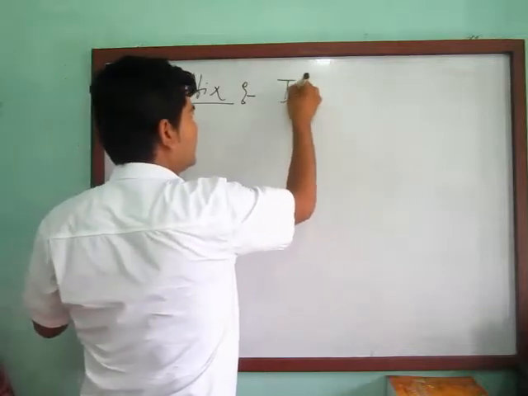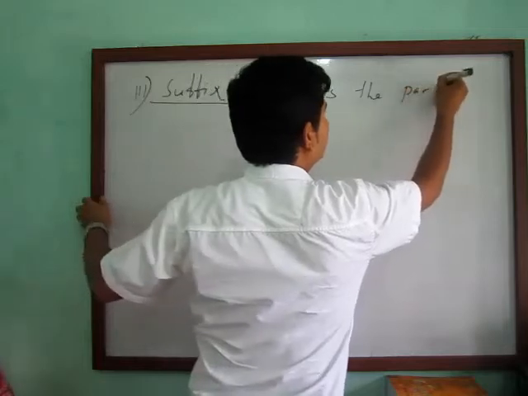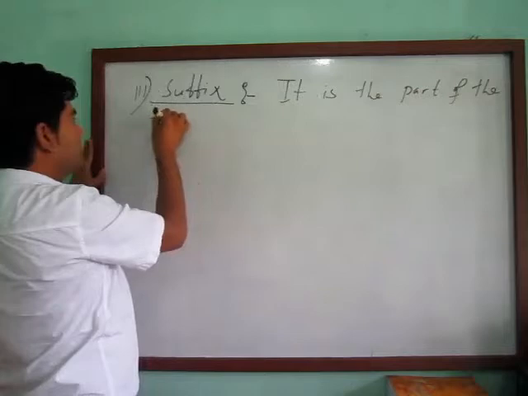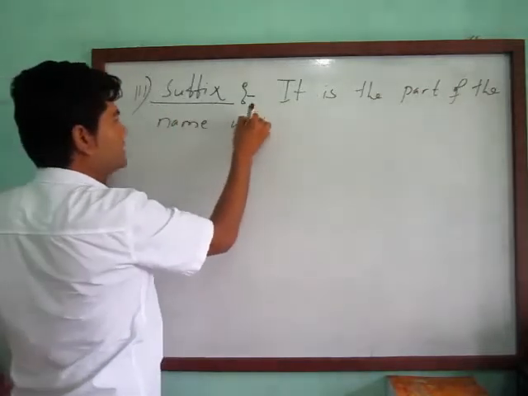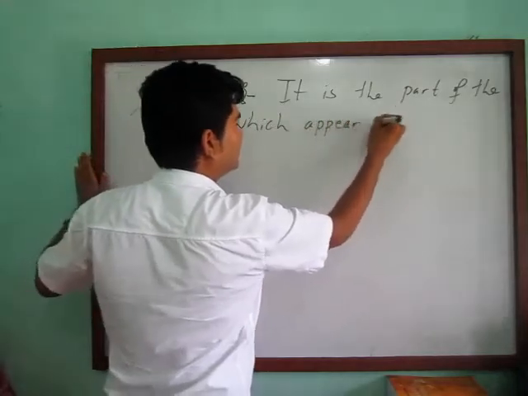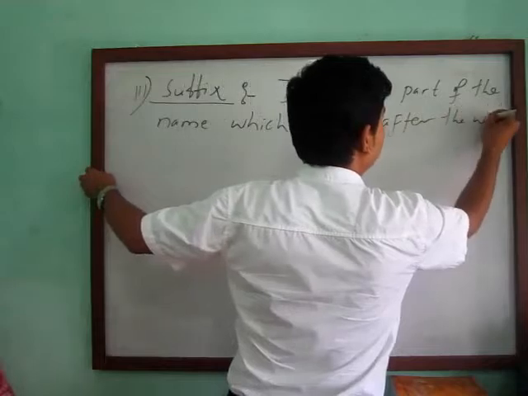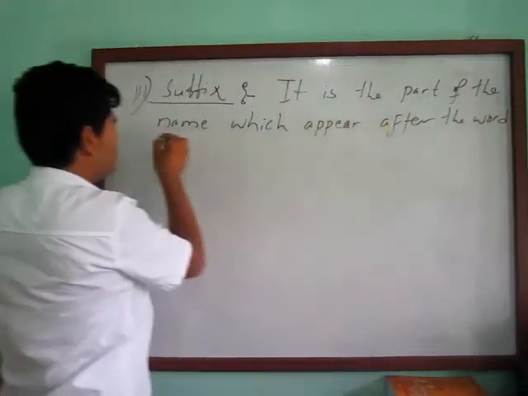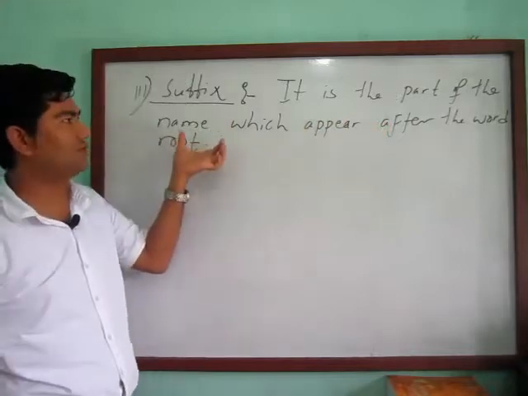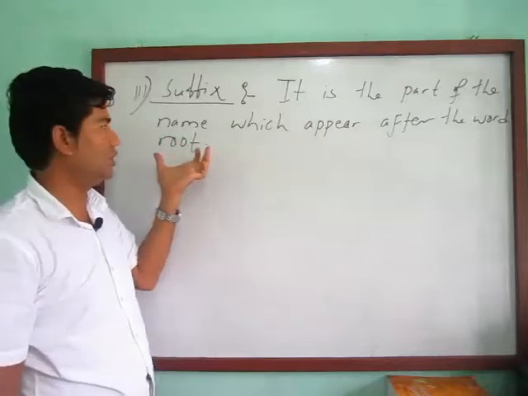So everybody, suffix is the part of the name which appears after the word root.